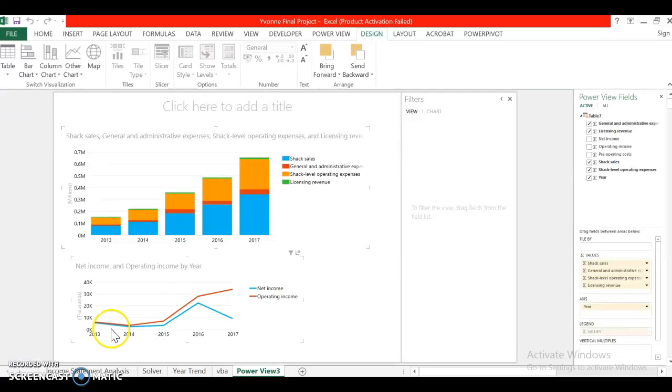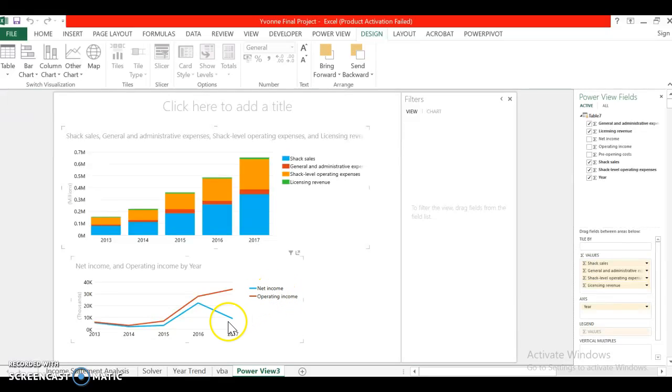And the next graph shows us the trend of its net income and operating income. So we can see the operating income from 2013 to 2017 dropped a little bit in 2014, and it has gone up consistently throughout the period. It has the biggest jump from 2015 to 2016, and the growth pace slowed down a little bit, which makes sense when the firm is reaching its mature stage.